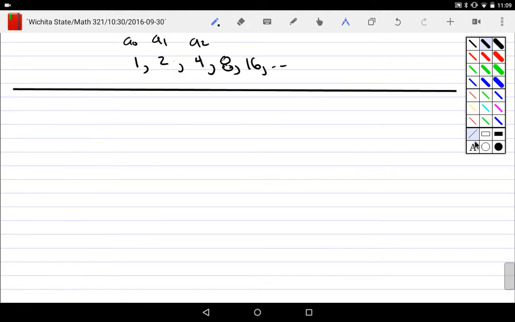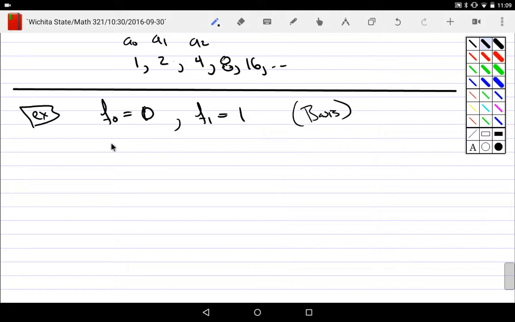Let's say I start off with an example. Instead of using a's, let's say that my 0th object is 0, and my 1st object is 1. So 0 has been mapped to 0, 1 has been mapped to 1, and this is my basis. I give you the first two values. But now, new values are the value in front plus the value in front of that. Since 0 and 1 are already handled, where does 2 go? Well, let's look at this.